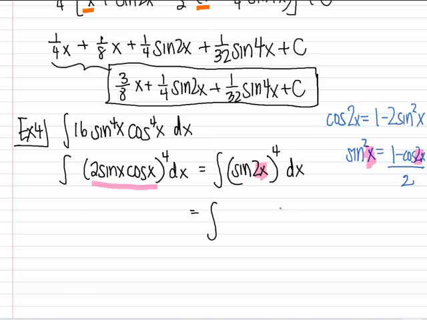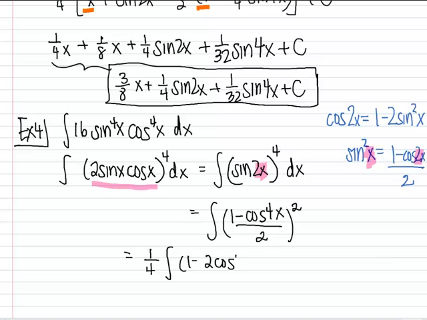Our sine squared 2x can be replaced by 1 minus cosine 4x all over 2, and that's going to be quantity squared because this is to the 4th power. So I actually need to FOIL this out. I'm going to square my 1/2 and write it out in the front. Then I'll have 1 minus 2 cosine 4x plus cosine squared 4x dx.